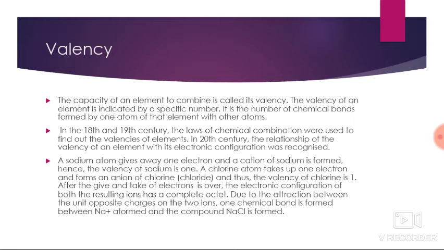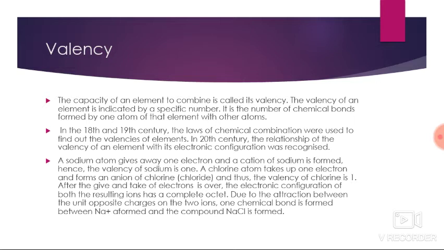So I will just explain what it is telling us, what valency is exactly. It has taken an example of sodium Na and chlorine Cl. Sodium's electronic configuration is 2, 8, 1, so its atomic number is 11.